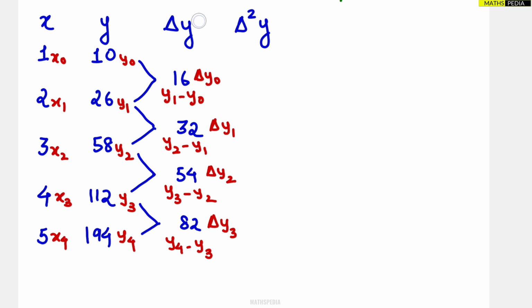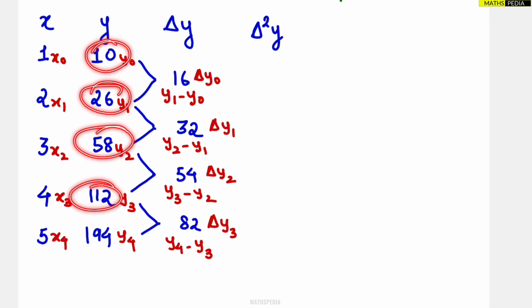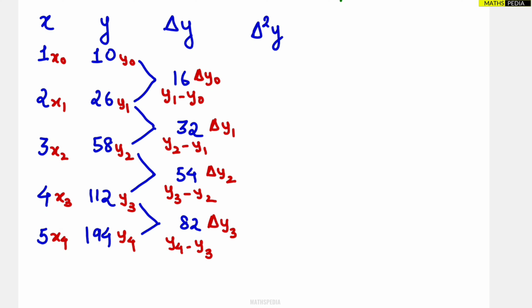Now let us go for the next, delta square y. Again the same logic. We have to again take pairwise. So how many numbers are left? See, we started with how many numbers? Totally 5 numbers. Now it has been reduced to how many numbers? 4 numbers.